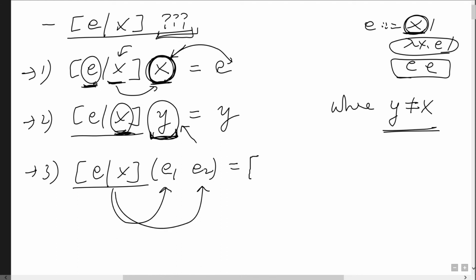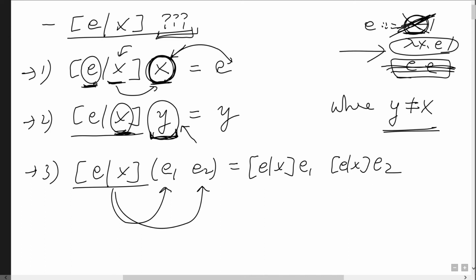So you apply expression E for x in expression E1, and again apply expression E for x in expression E2. So we have finished this case. And the only remaining case is this lambda abstraction. That is, the question now is, what happens if this expression is a lambda abstraction?